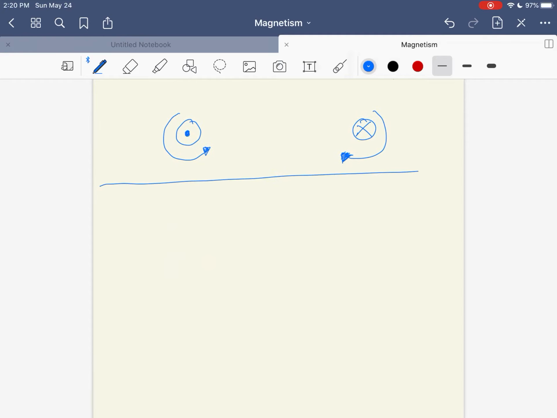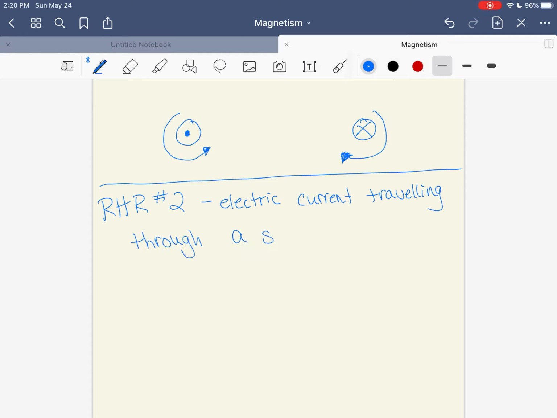Now, right hand rule number 2. So with the right hand rule number 2, we are having a look at electric current traveling through a solenoid.